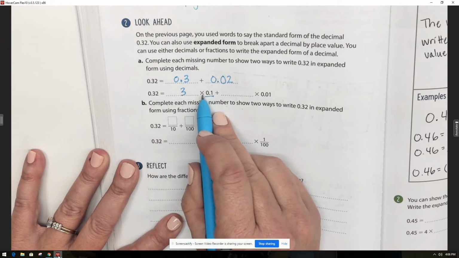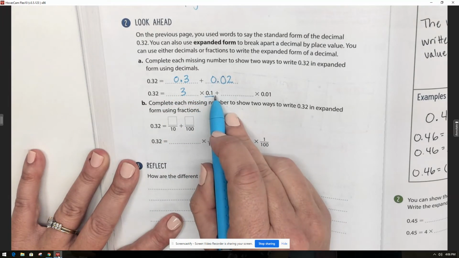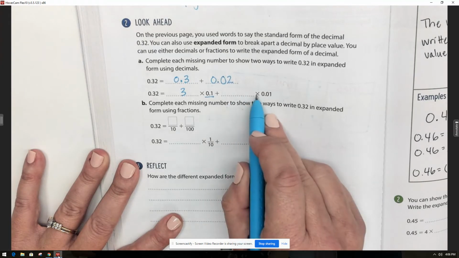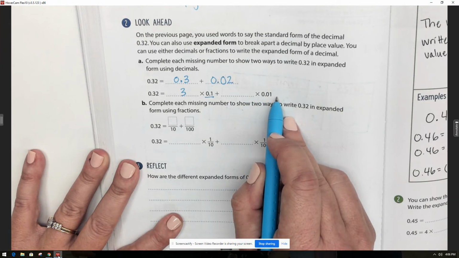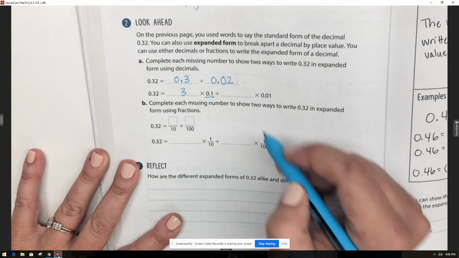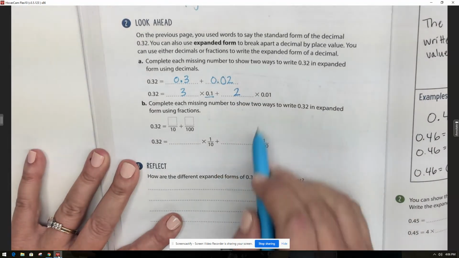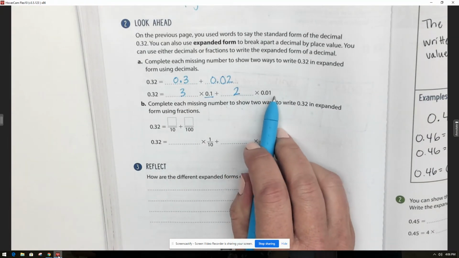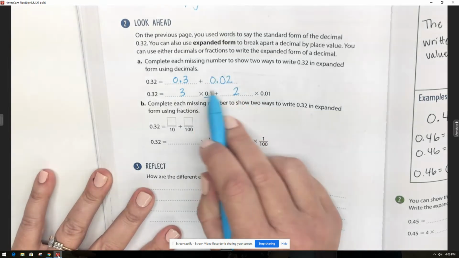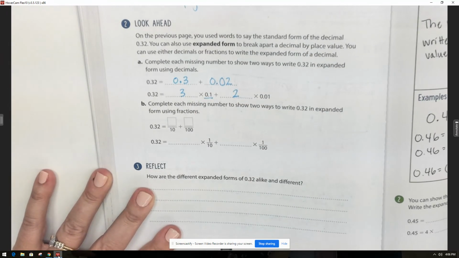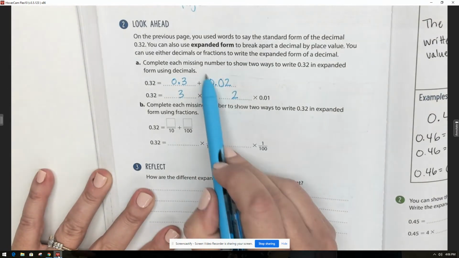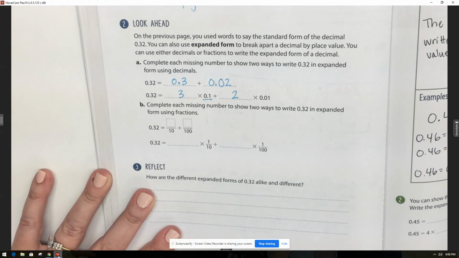So we have 3 times 1/10 plus what number times 1/100th? That's right, 2. And if we multiplied out 2 times 1/100th, we would get this 2/100ths up top. So here are two ways you can write in expanded form using decimals.